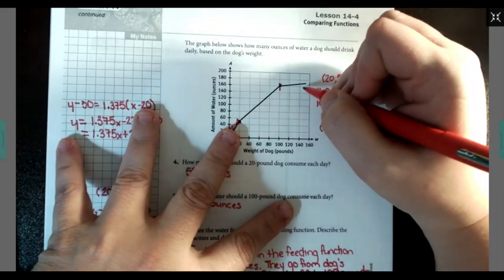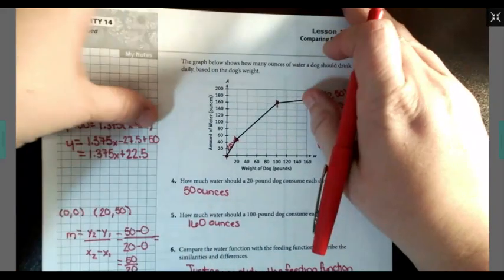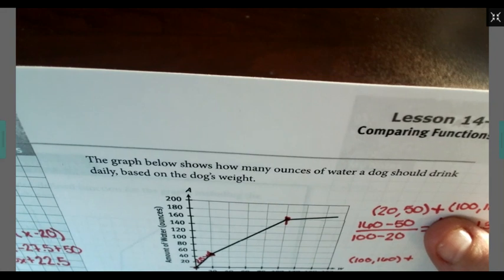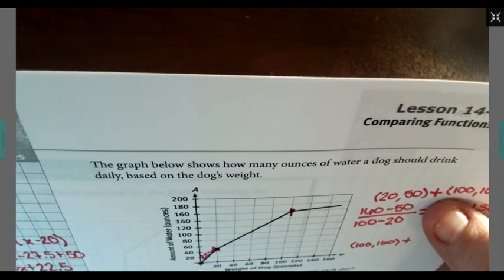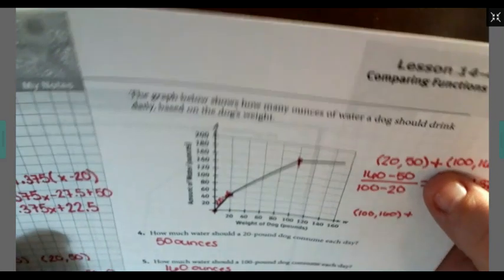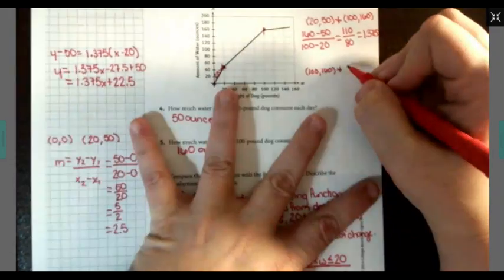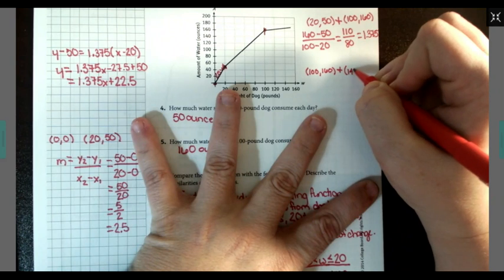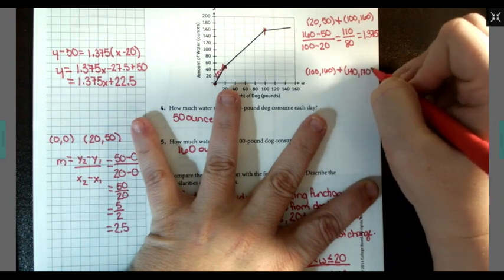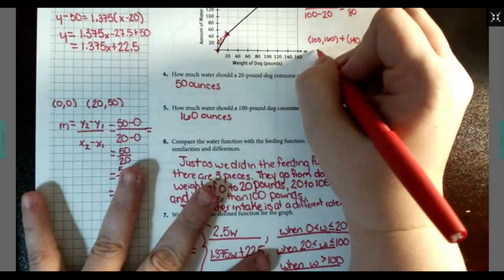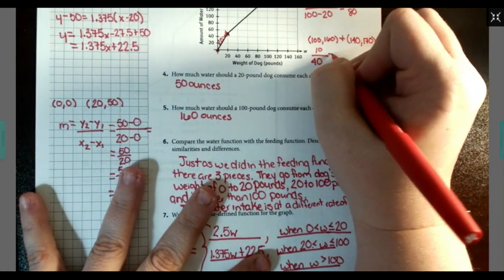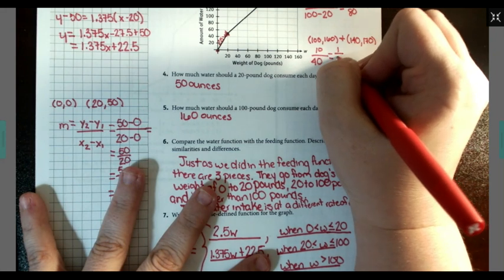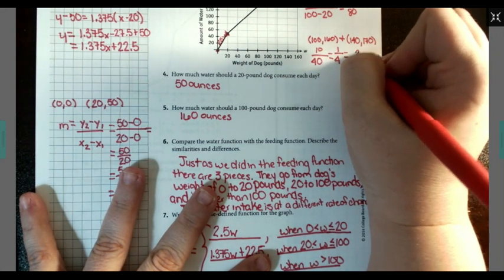And looks like we can go with, trying to estimate here, maybe 140, comma 170. That looks like 10 over 40, which is 1/4 or 0.25.